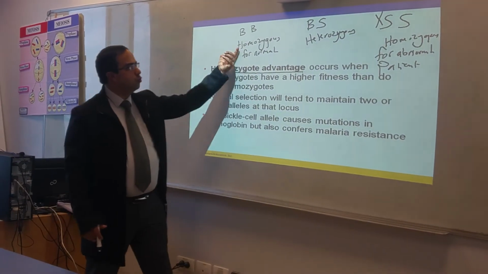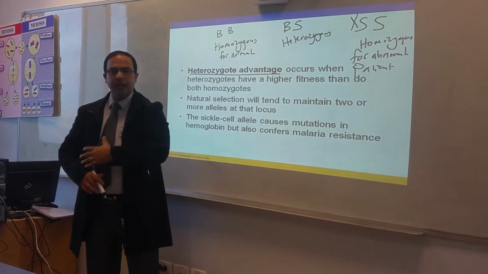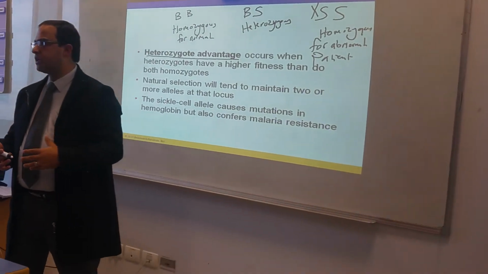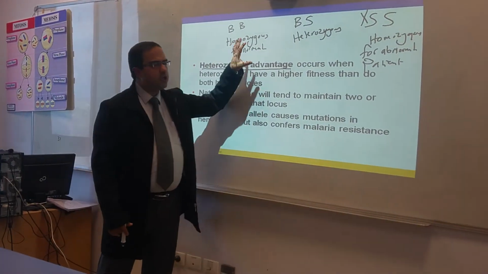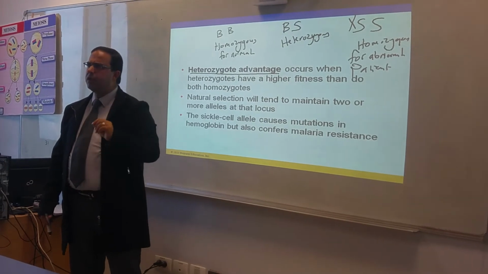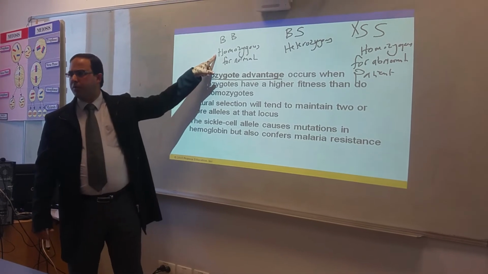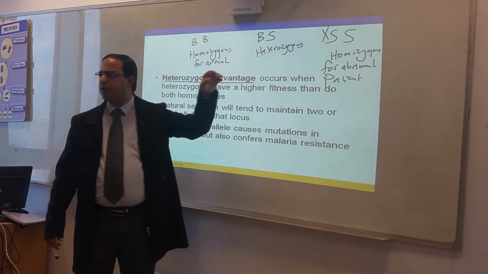But these two are normal, these two are not affected. I can hypothesize that natural selection will not differentiate between them based on the phenotype, or even if it does, it will prefer homozygous for normal.